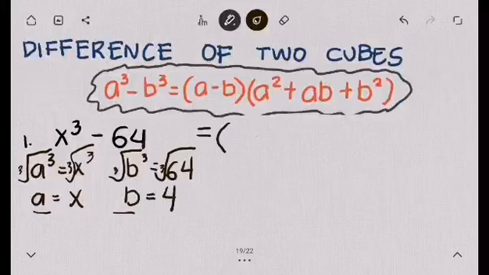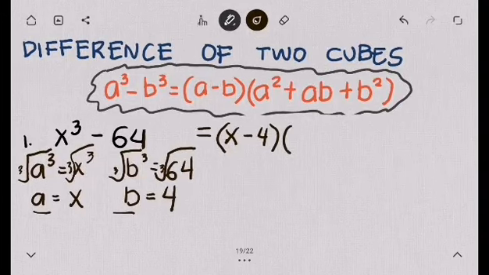So we now have a, x, ang value niya, minus b. Sa mga pattern, classmate, kinokopya lang natin yung sign. Ang nabapalitan lang ng value ay yung a and b. So yung b natin ay 4 times a. So ang a natin ay x. Square daw natin. So magiging x square.